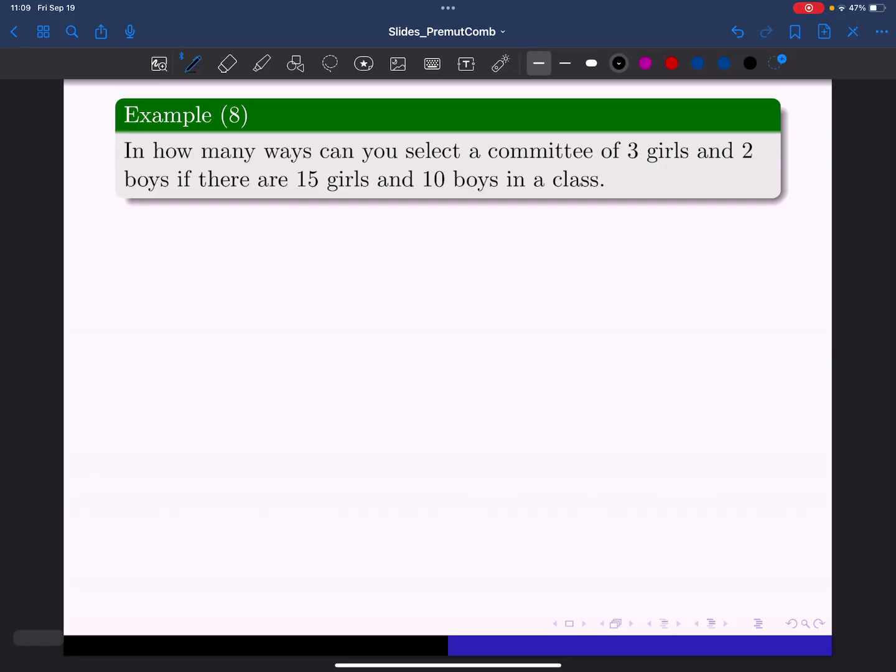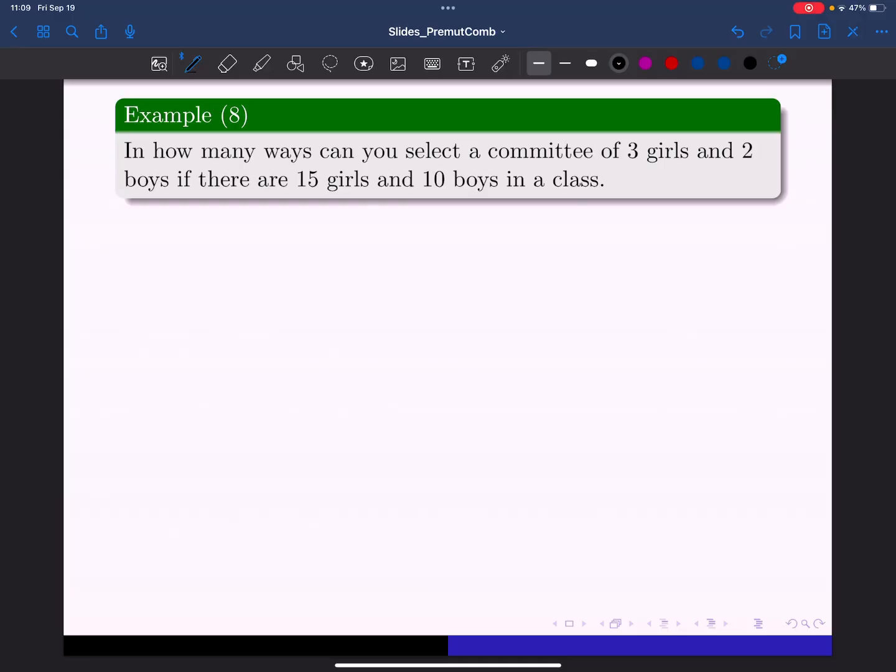Example 8. How many ways can you select a committee of 3 girls and 2 boys if there are 15 girls and 10 boys in a class? So we're going to select 3 girls from girls and 2 boys from boys. Since the order is not important, we're going to use combination.